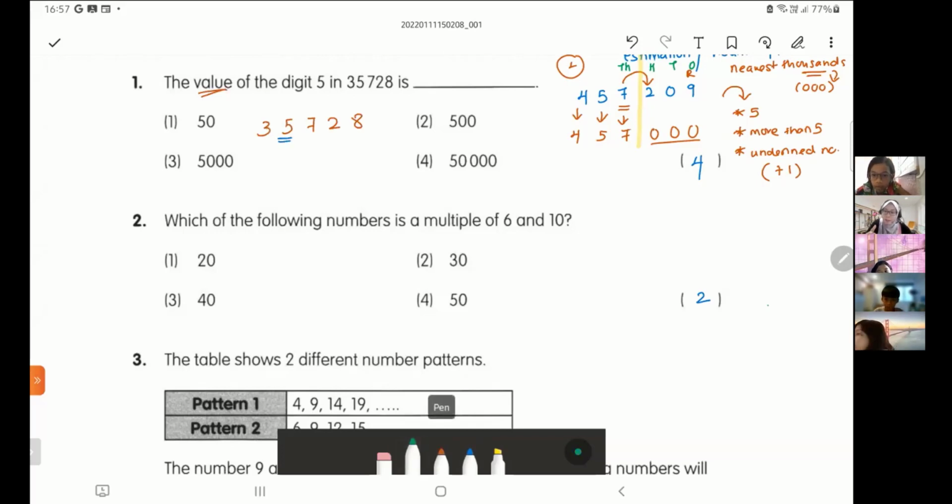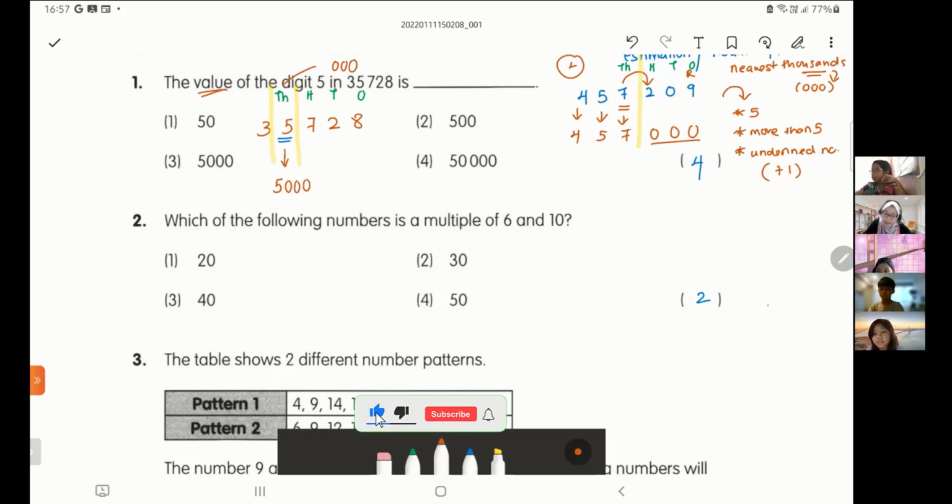Then I label the place values, their houses: ones, tens, 100, thousands. The number 5 is in the thousands place. Can you see? So we can put it into a box like that. I'm going to focus on 5. So it's 5,000, 1, 2, 3, because thousands have 3 zeros. So number 1 answer is not 4, but number 1 answer is 3.